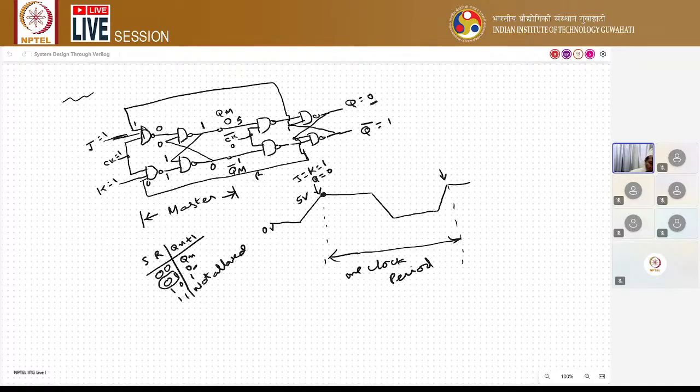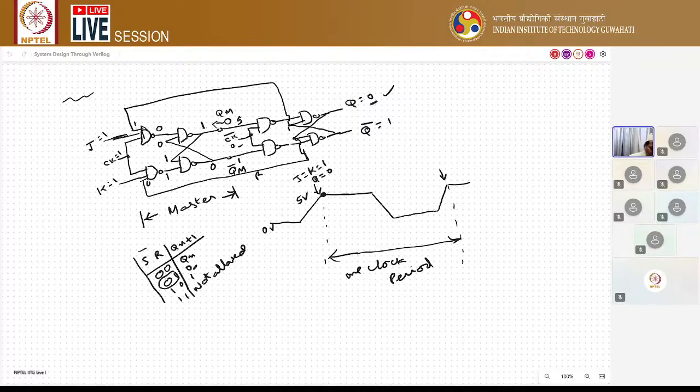Throughout this period, when clock is equal to 1, the intermediate output changes from 0 to 1. Previously it was 0, now it has changed to 1. Then what about the final output? The clock is disabled. When clock is 0, the SR flip-flop remains in the previous state.